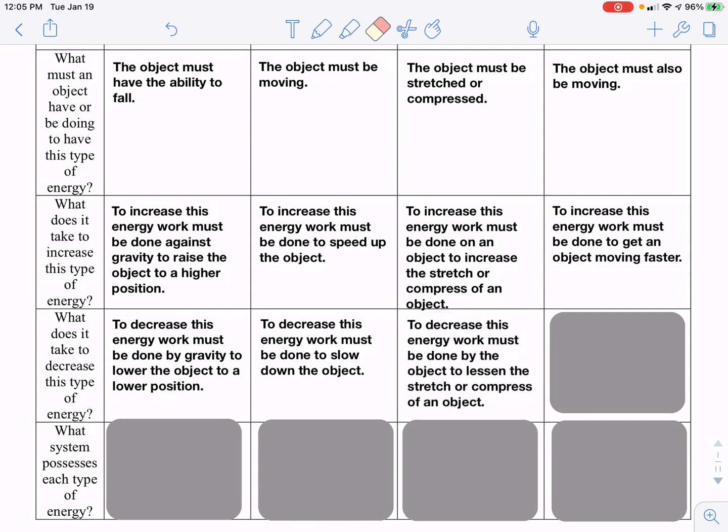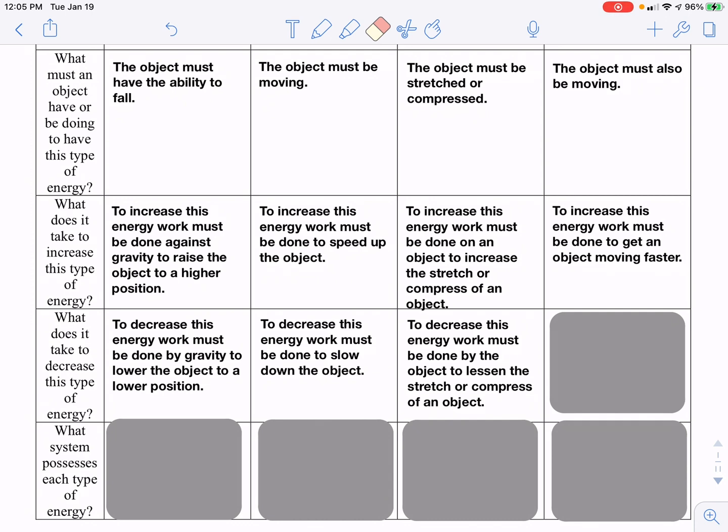To decrease elastic or spring potential energy, work must be done in order to lessen the stretch or compress of the object. So to increase the elastic potential energy, work must be done on the spring itself in order to stretch or compress it.